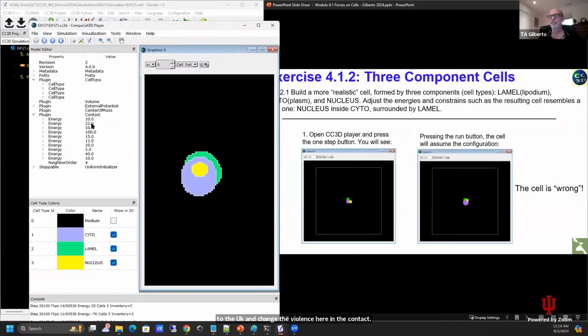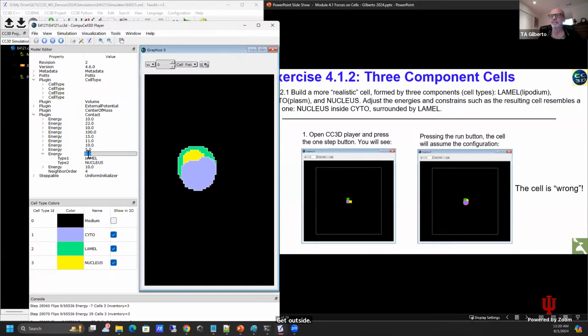For example, you change something here from 40 to 5. You see what happens. See? The nucleus gets outside of the cytoplasm.